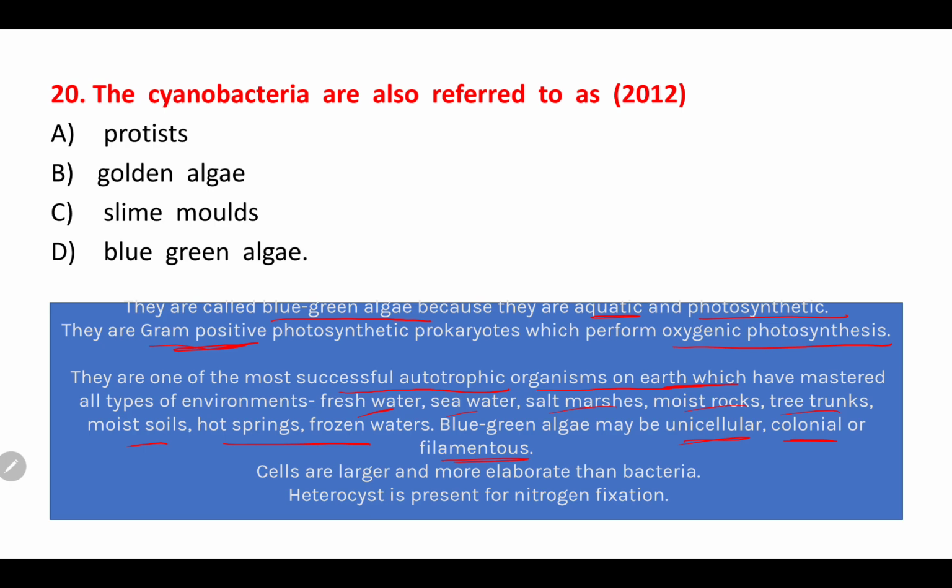And the cells of this BGA are larger and more elaborate than bacteria. And there is a special kind of cell called heterocysts, which are useful for what? Nitrogen fixation. So these are some information about the cyanobacteria, and it is commonly known as what? Blue-green algae. So option D is the right one.